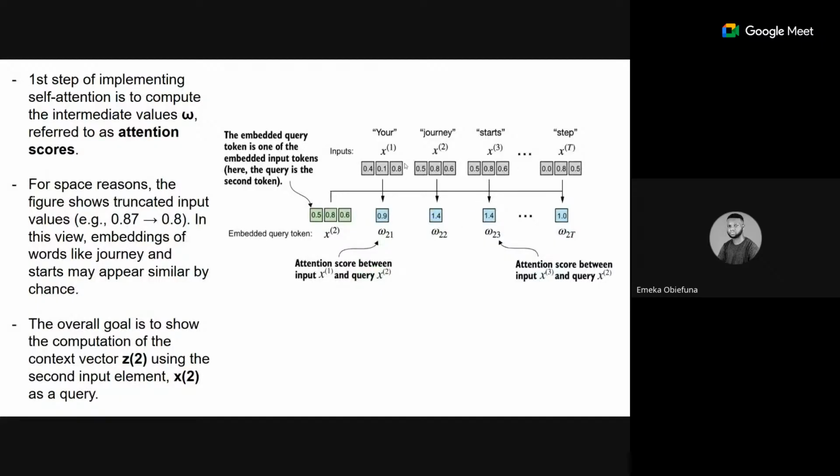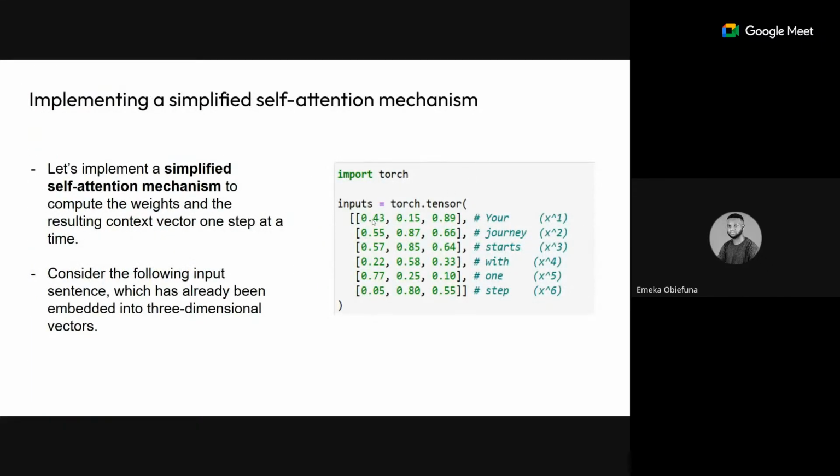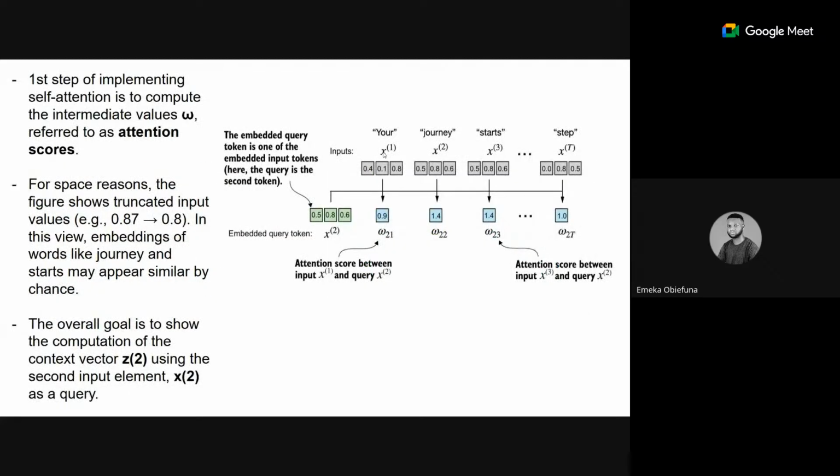These numbers correspond to each input vector that we have. It corresponds to whatever token you're looking at at a particular point in time. So for our first input token, we have this. For our second input token, we have this, like that.